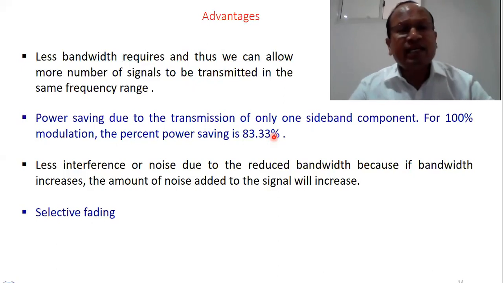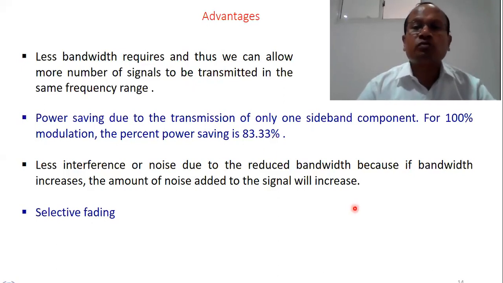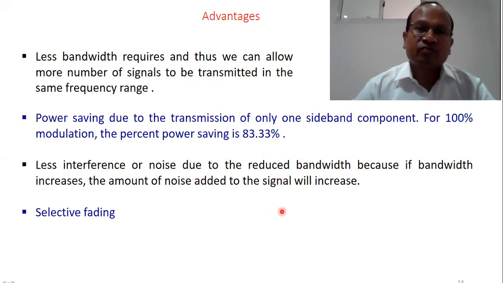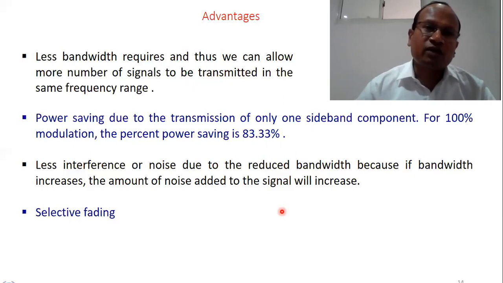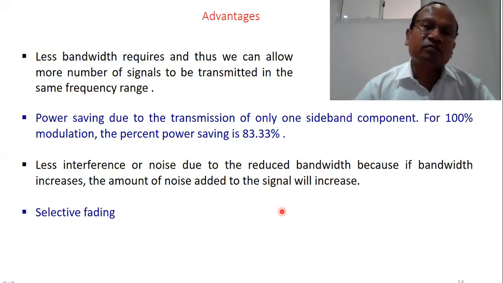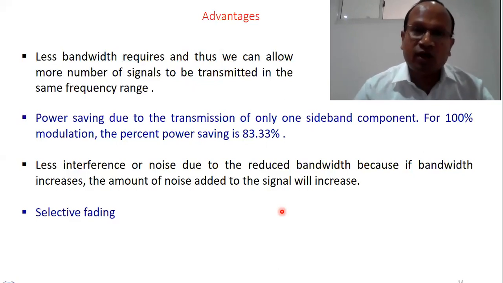Less interference or noise due to reduced bandwidth, because if bandwidth increases, the amount of noise added to the signal also increases. As we have discussed in the topic of noise in communication systems, the noise is mainly contributed by the channel, and the broader the channel, the more the possibility of mixing noise.